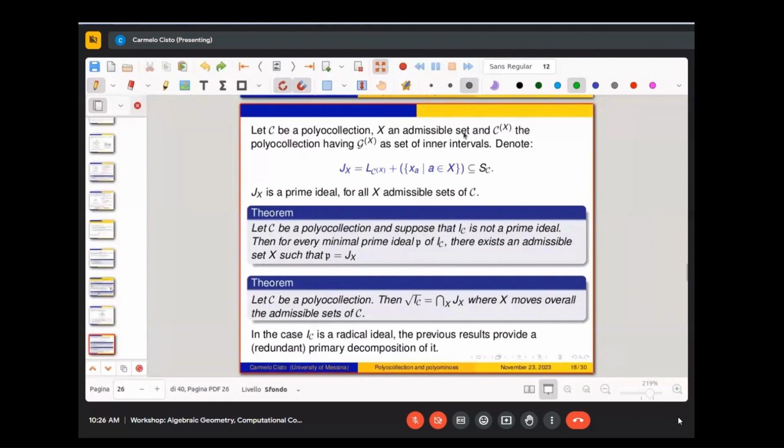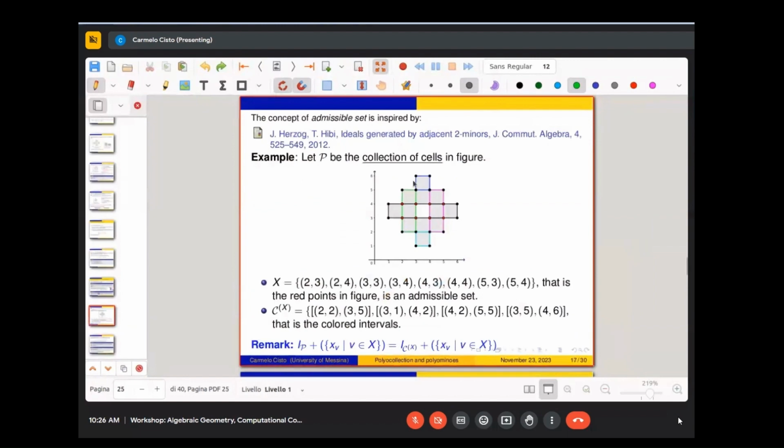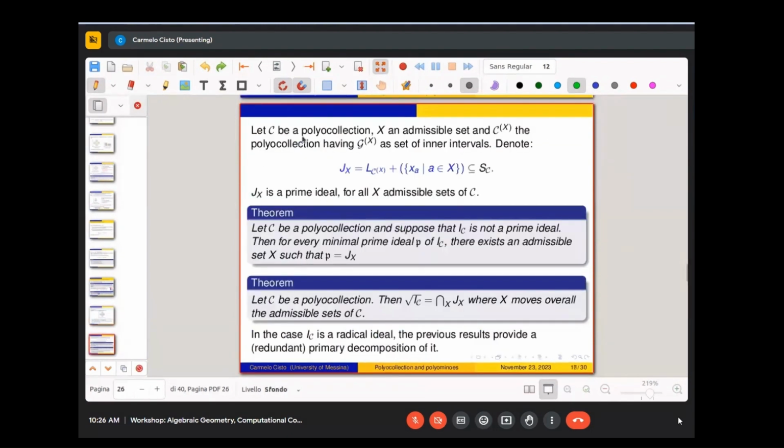We consider the other polyomino collection associated to X. And another thing I want to remark is that even if we start from a collection of cells, the polyomino collection CX in general is not a collection of cells. It is a polyomino collection in general. So that's why we need to introduce the polyomino collection.